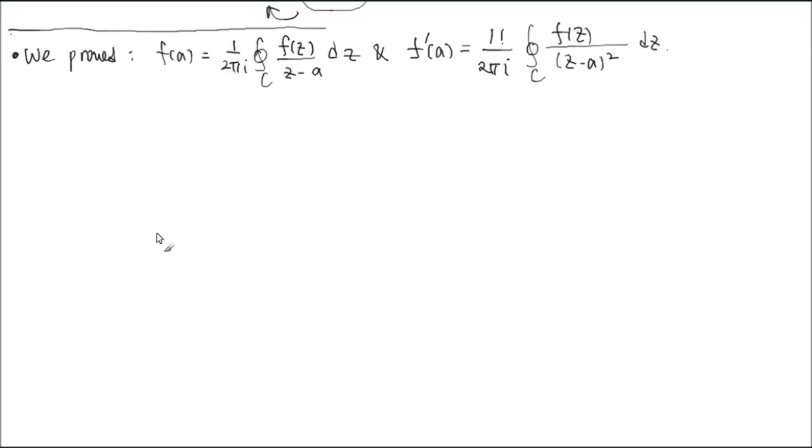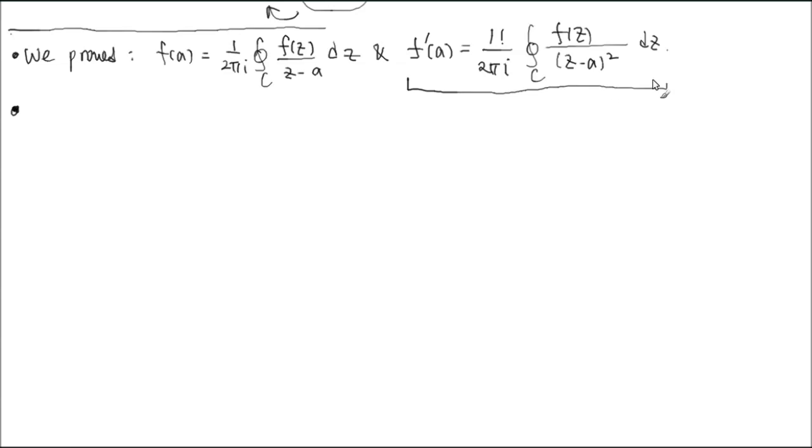Good. And next thing we're going to do is the fact that f prime of z is continuous, but we did that last time, right? Using this version in here.